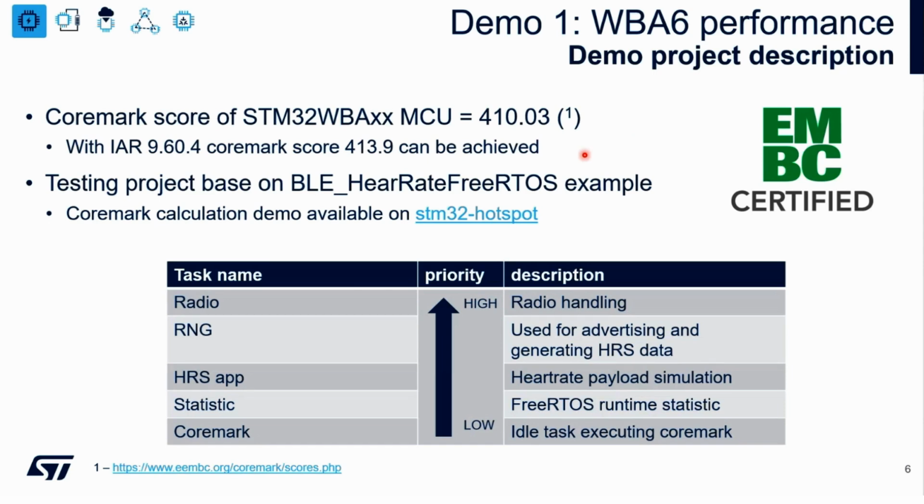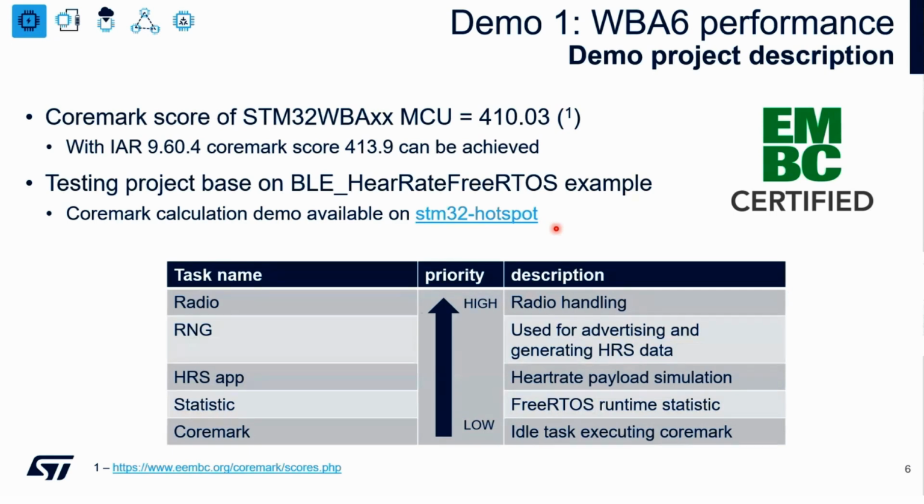The same shall be achieved on WBA6 as well, as the score is a little bit older. Now with the up-to-date IAR version 9.69.4, I was able to achieve the score of 413.9.